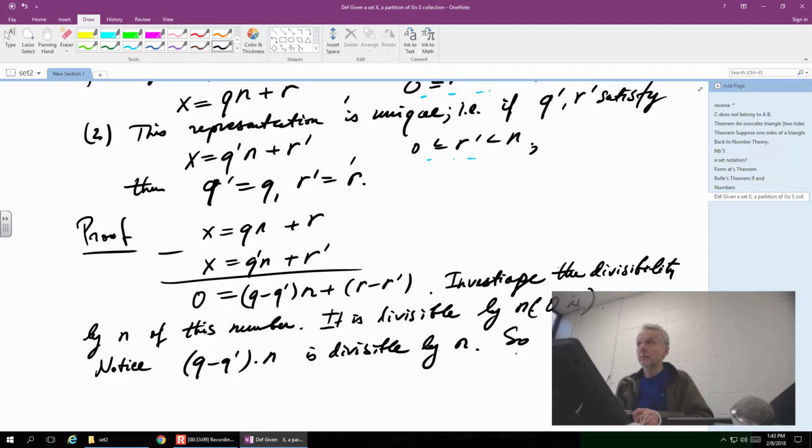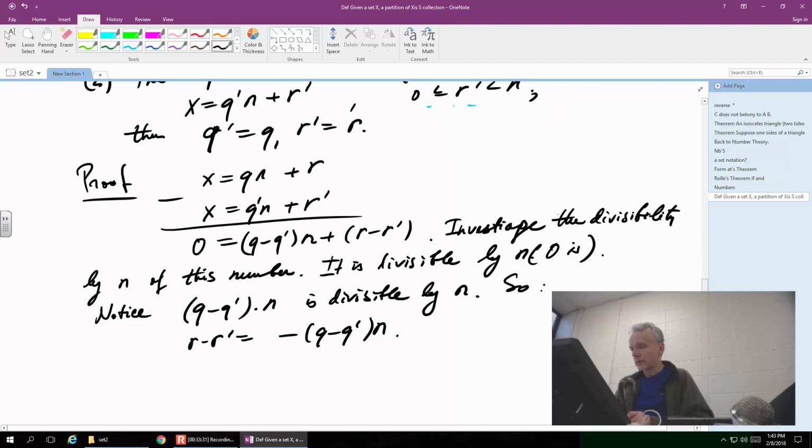So what do we know? Remember about divisibility? Well, how about this? R minus R prime is equal to negative Q minus Q prime times n. Okay, so what does it tell you?